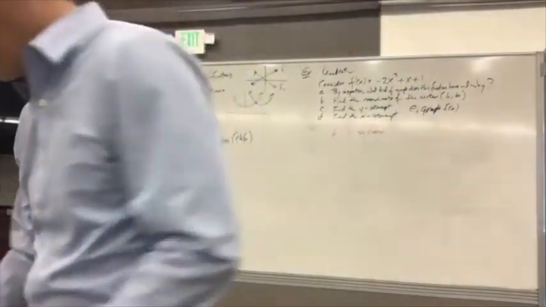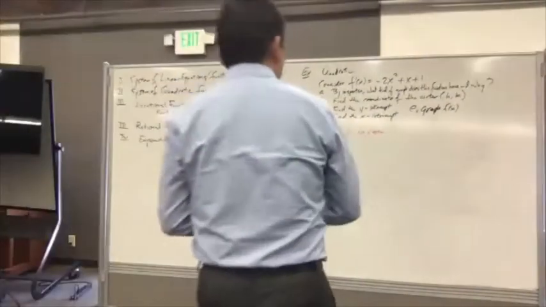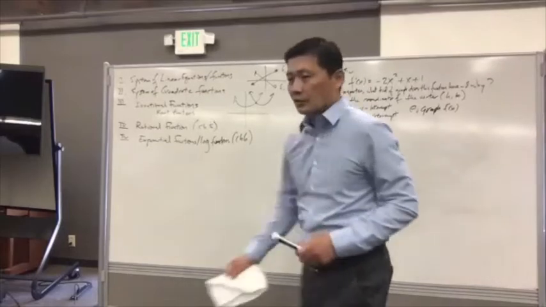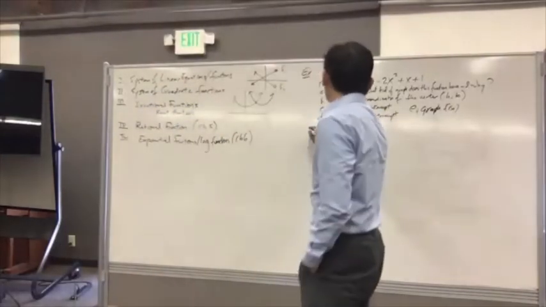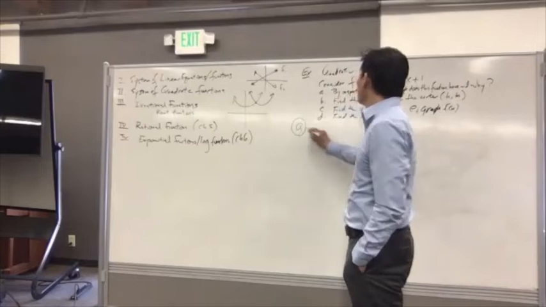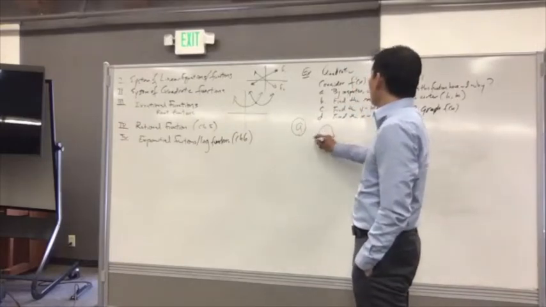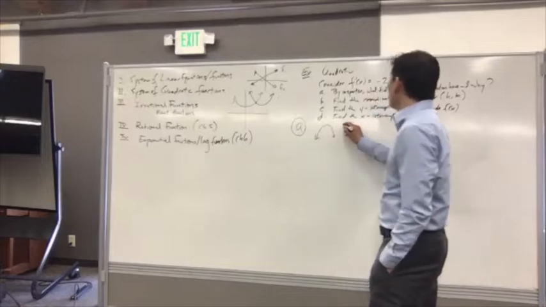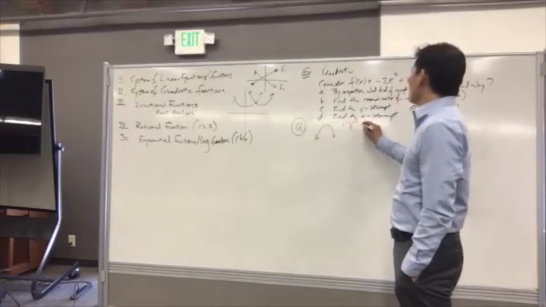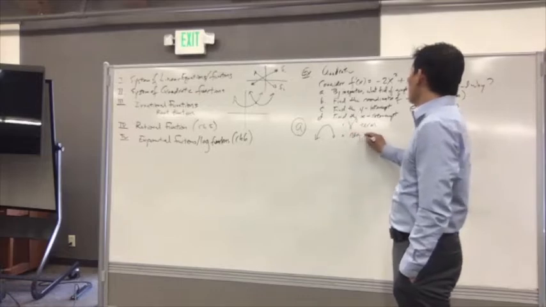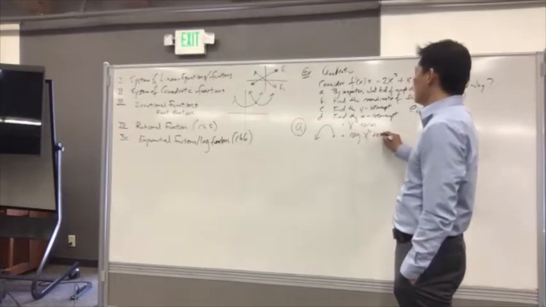I'll use the black. So you can say this is a parabola going upside down due to the x squared term and the negative x squared term.